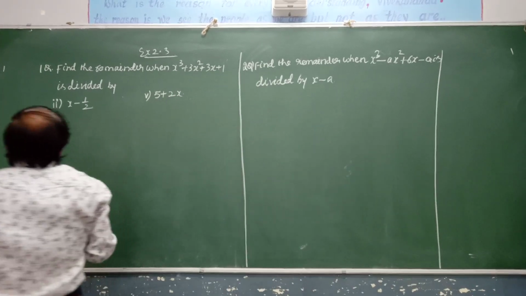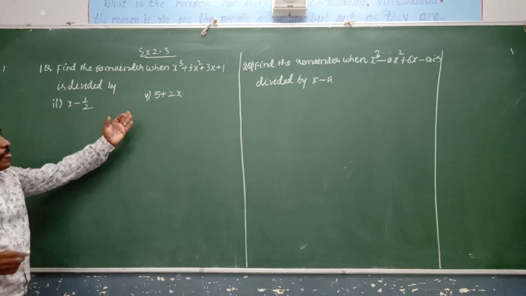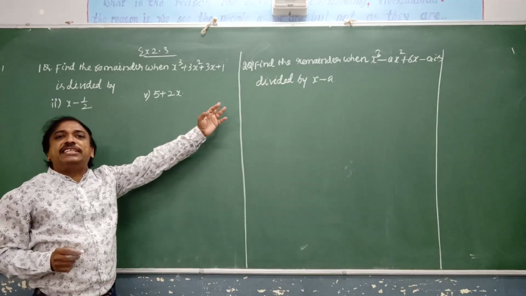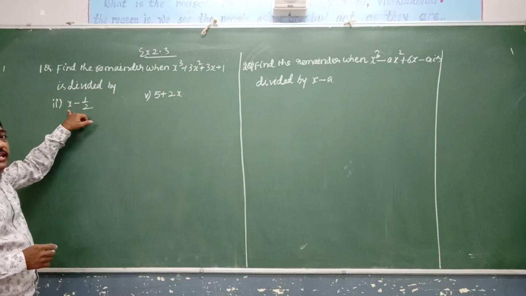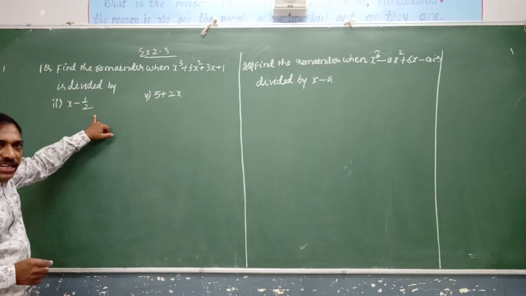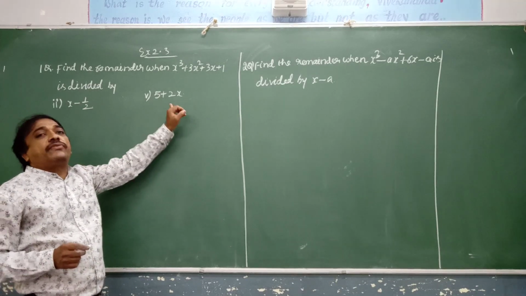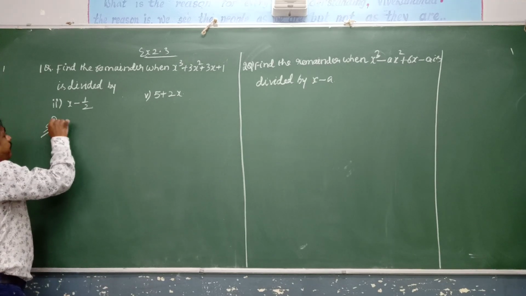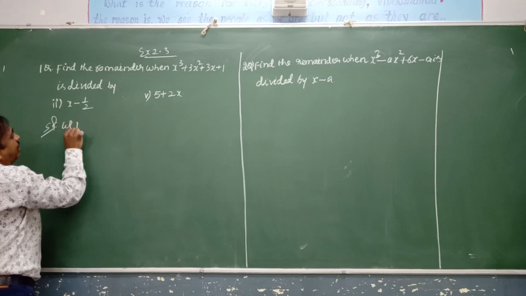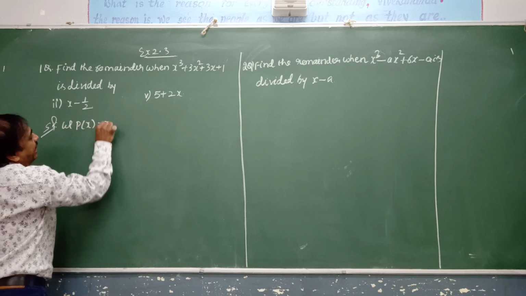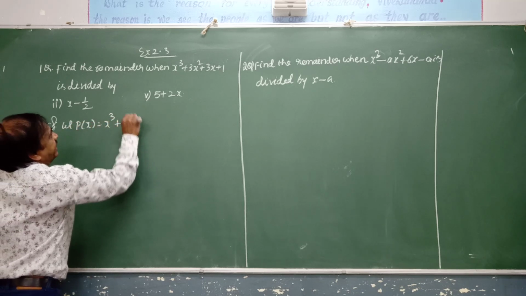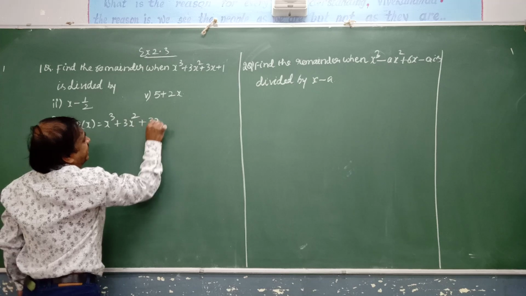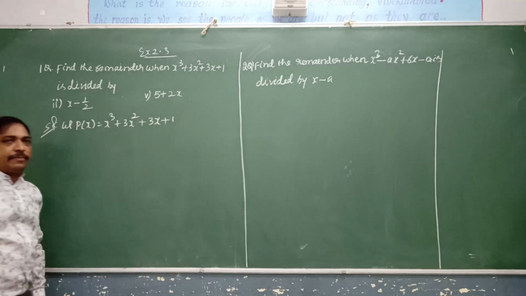So p of x is x cube plus 3x square plus 3x plus 1, and the divisor is x minus 1 by 2. The other case you have to take as 5 plus 2x. Observe it carefully. Let p of x equal x cube plus 3x square plus 3x plus 1.